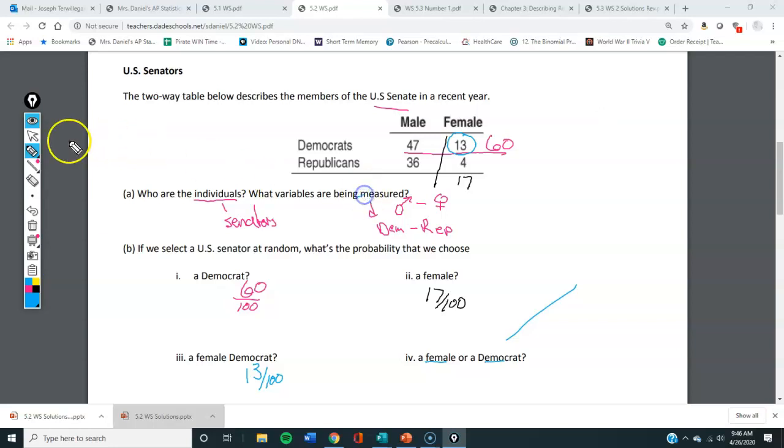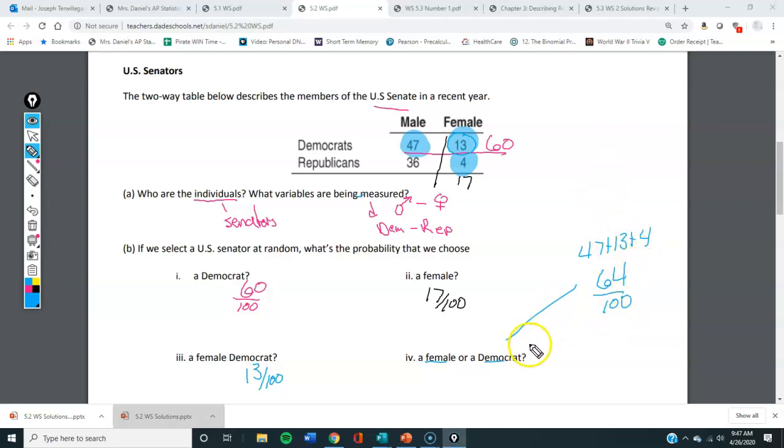So I add up how many male Democrats, female Democrats, and Republican females, because they all count for this. So you do 47 plus 13 plus 4 is 64 out of 100.